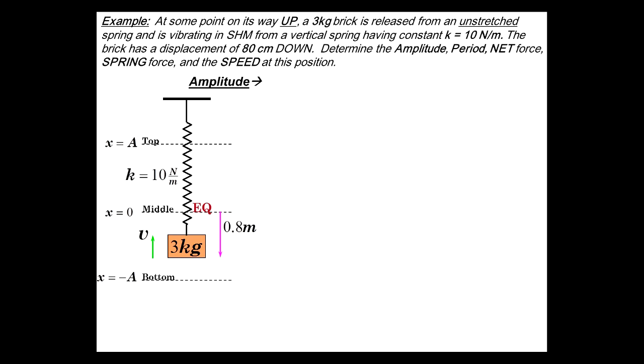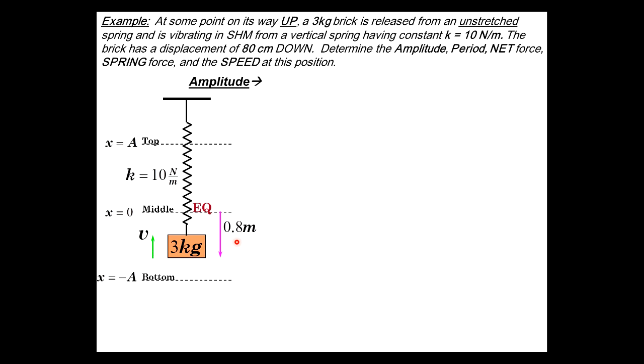The conditions are that at the moment the brick is 80 centimeters or 0.8 meters down, and we are going to determine the amplitude, period, net force, spring force, and speed at that position. So notice its motion is actually on the way up.